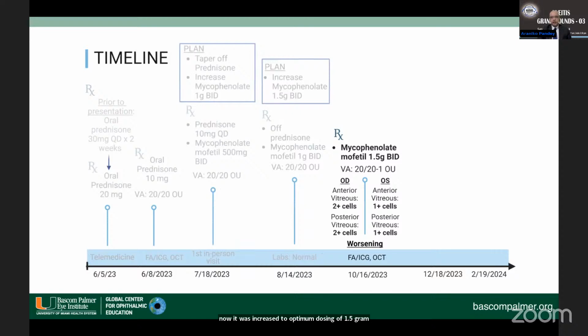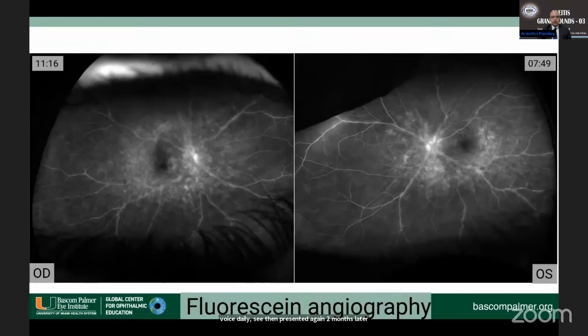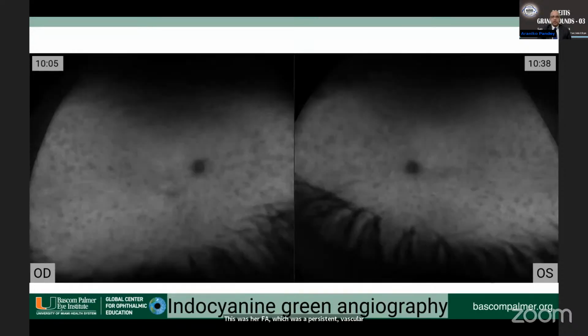She then presented again 2 months later, and at this time she was worsening with increased vitritis. This was her FA, which shows persistent vascular leakage and persistent birdshot lesions prominent in both eyes.